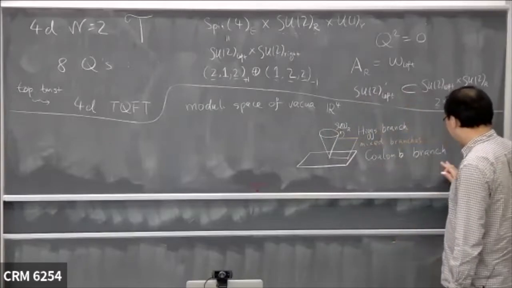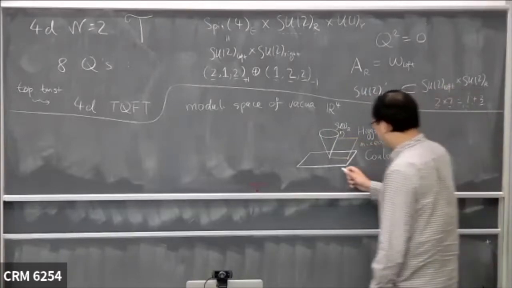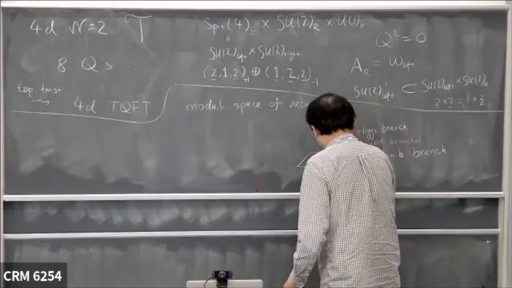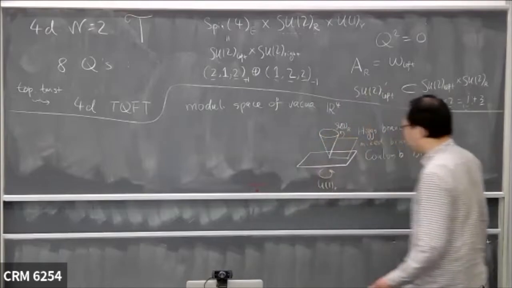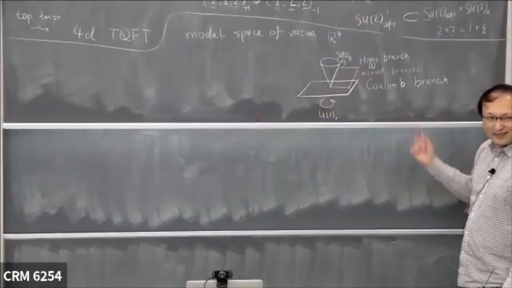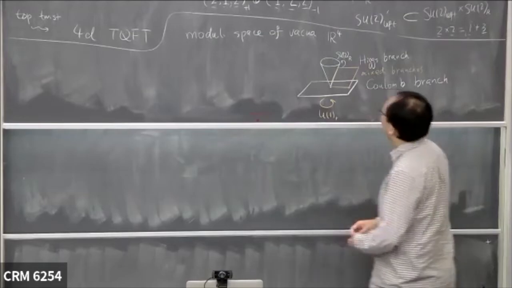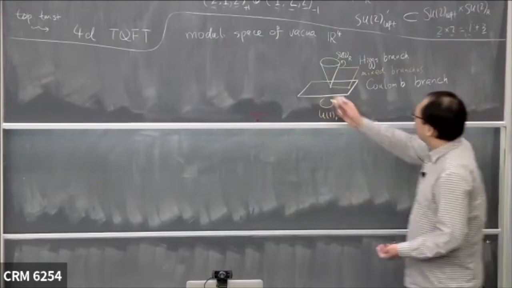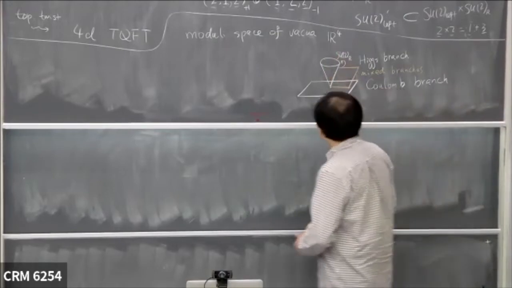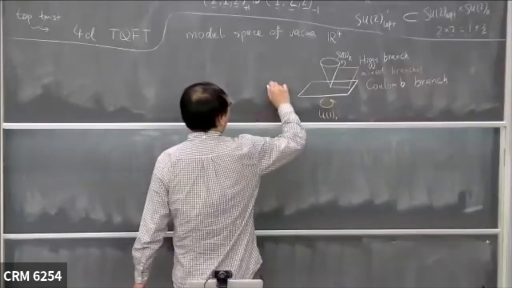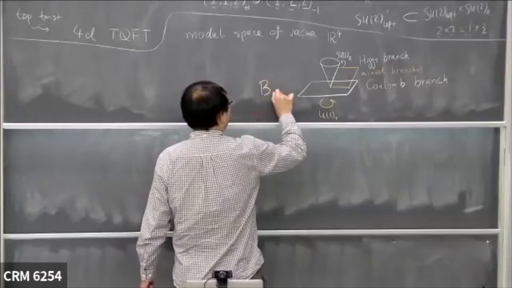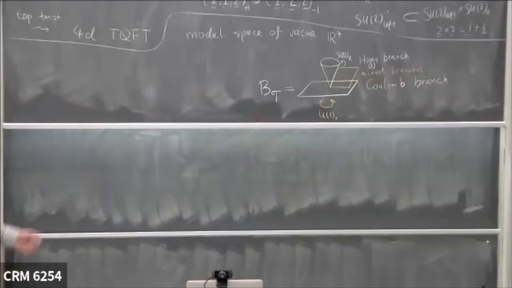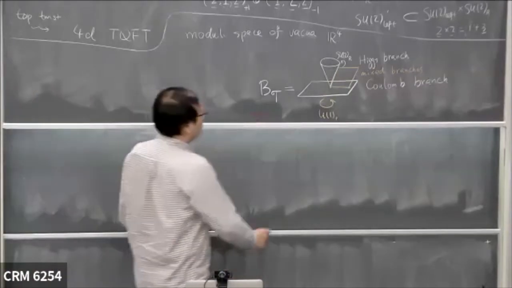And then the Coulomb branch and the mixed branches are going to be acted upon by this U1R symmetry. So this is roughly how the moduli space of vacua looks when you put the theory on R4. The Coulomb branch will play some special role for us, so we will denote it by the symbol B. That's the Coulomb branch.